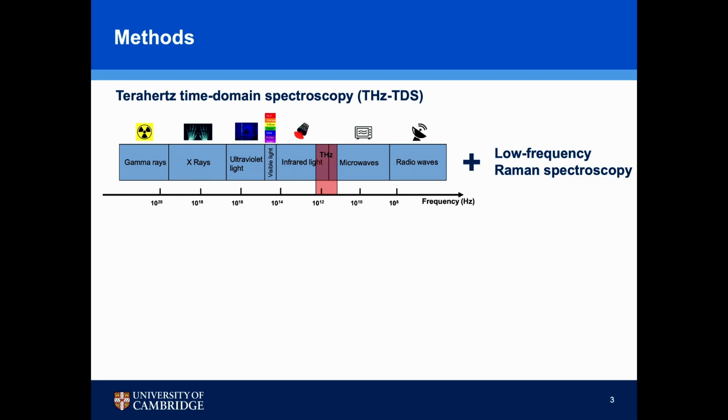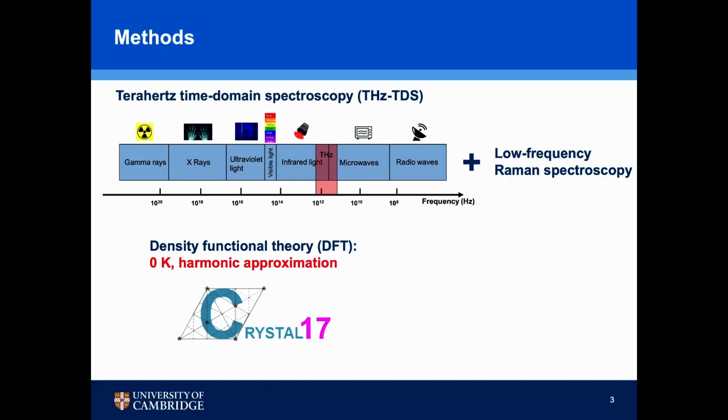We also combined it with low-frequency Raman spectroscopy, because Terahertz, like IR spectroscopy, probes the motions that trigger permanent dipole changes, while Raman spectroscopy studies the motions that change the polarizability. So with the combined method we can probe all kinds of motions within that low-frequency range.